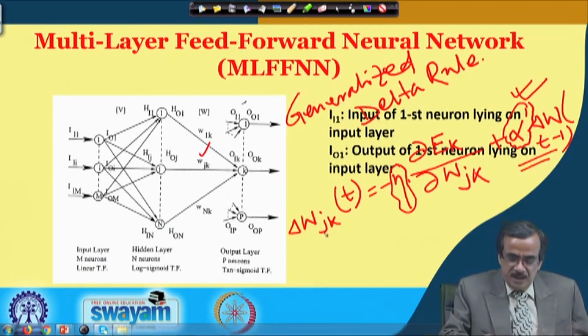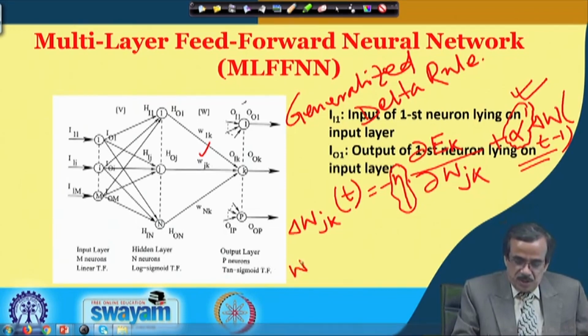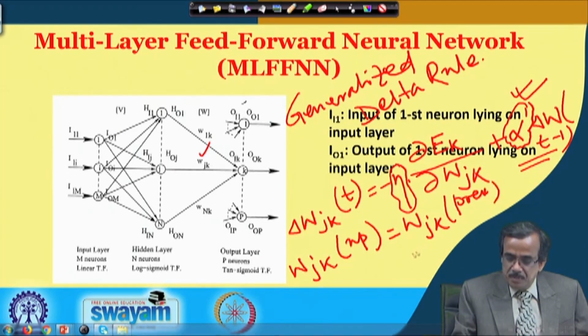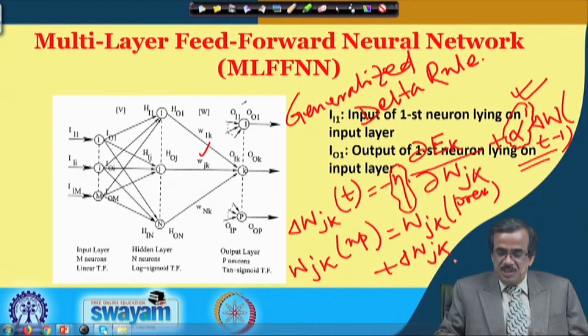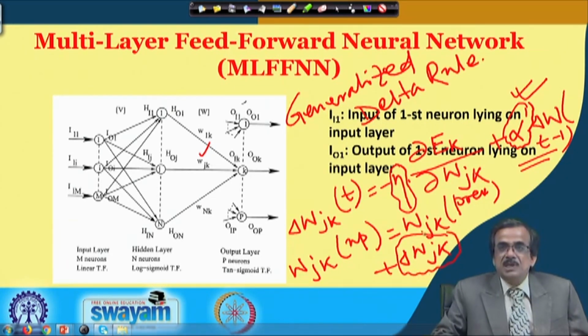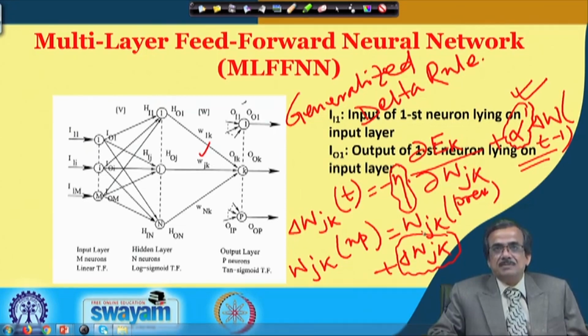Now, the way we update this network is that W j k updated is nothing but W j k, the previous value, plus delta W j k. This is the way we update. Now, supposing that this delta W value is found to be positive for a large number of consecutive iterations.